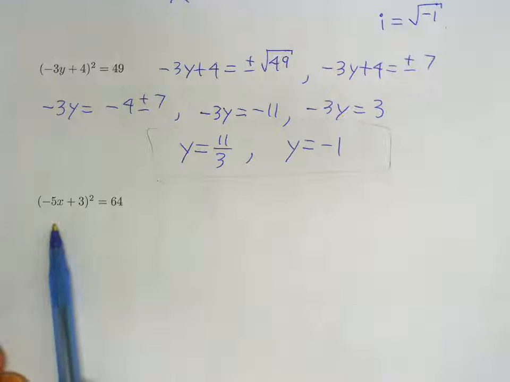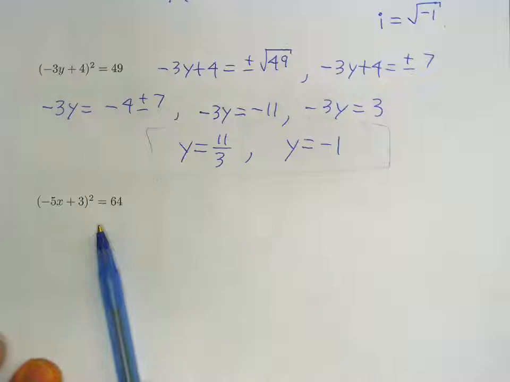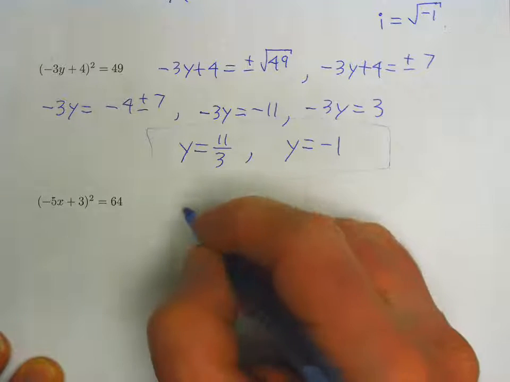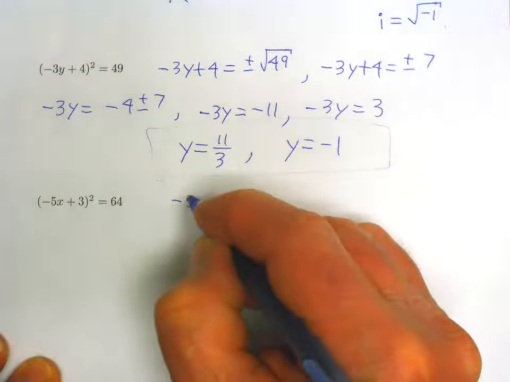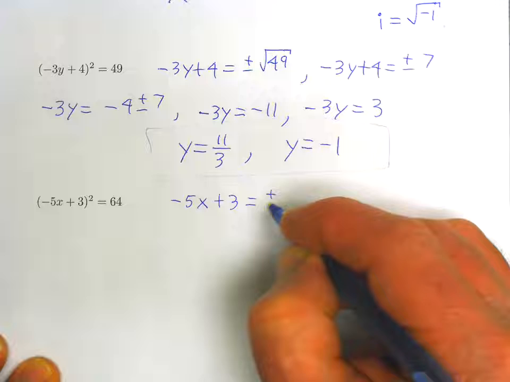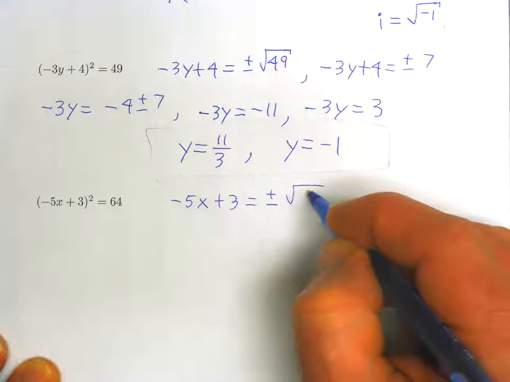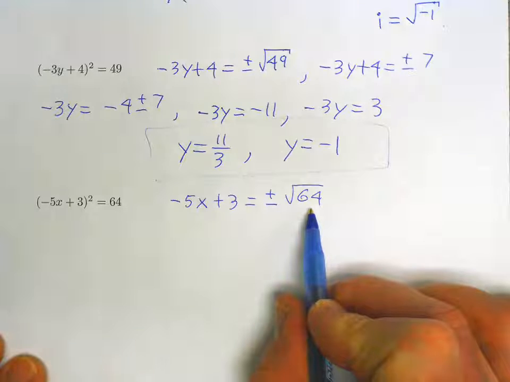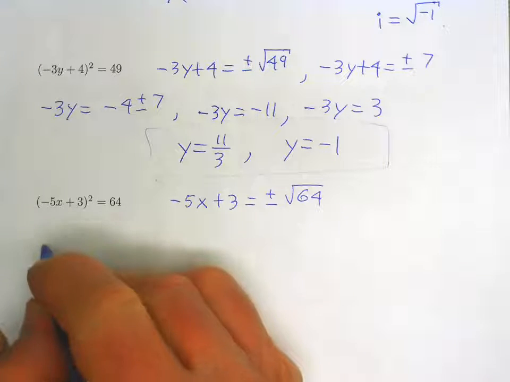So on this one, this is all set up to apply the square root property. So we can write negative 5x plus 3 equals positive and negative square root of 64, and that simplifies to 8. So in the next step, I'll do a couple of things.